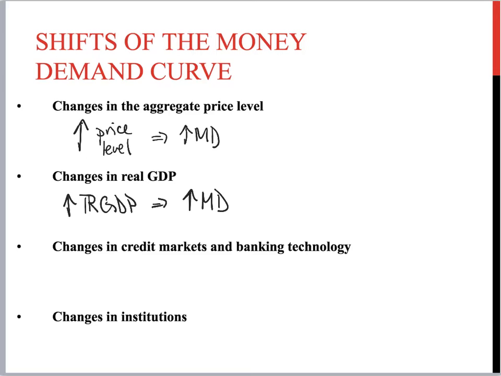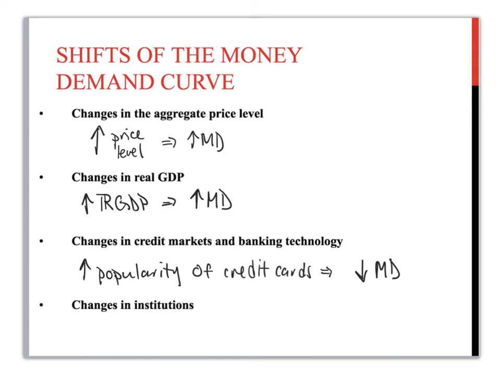Another factor that will change the money demand is changes in credit markets and banking technology. So, for instance, over time, the popularity of credit cards has increased, and as people have been using cash, debit cards, and checks less, the demand for money has decreased as we've moved to using more credit cards.